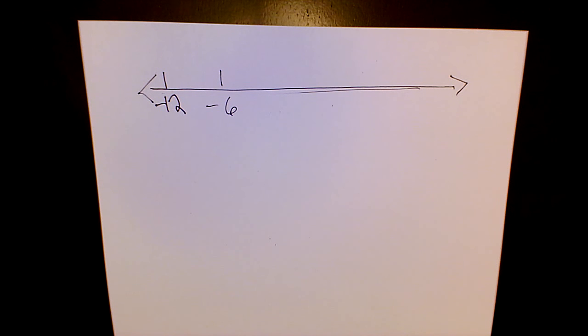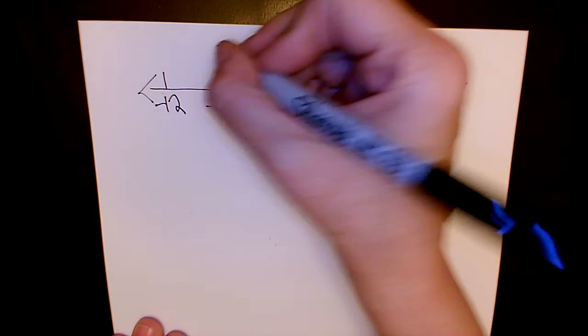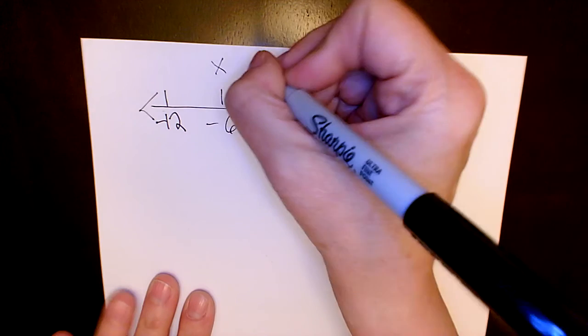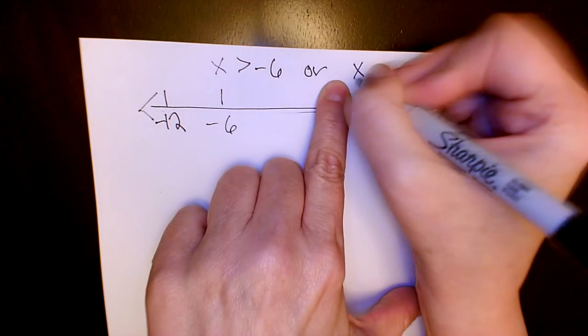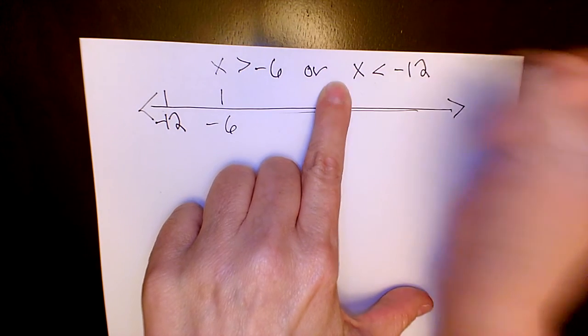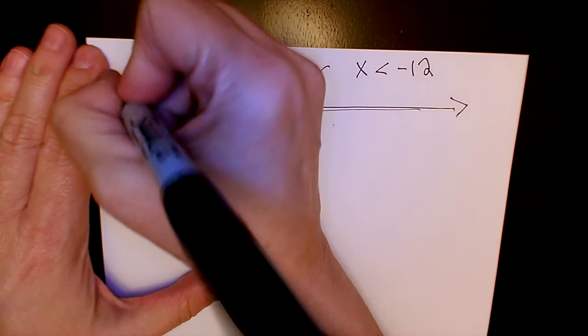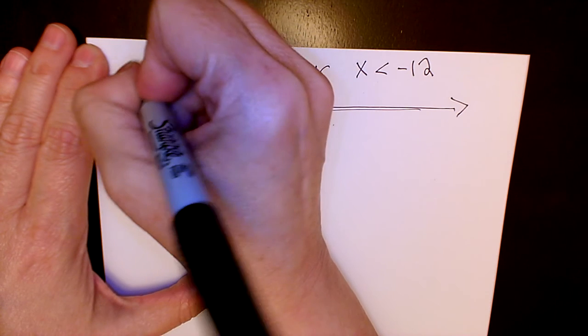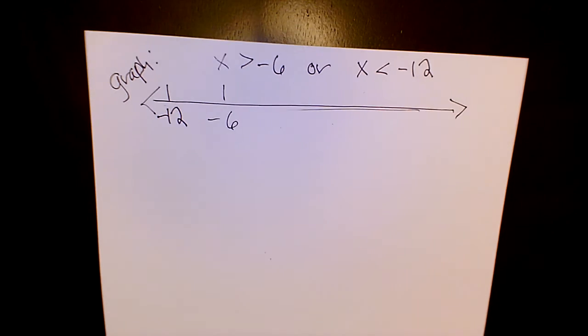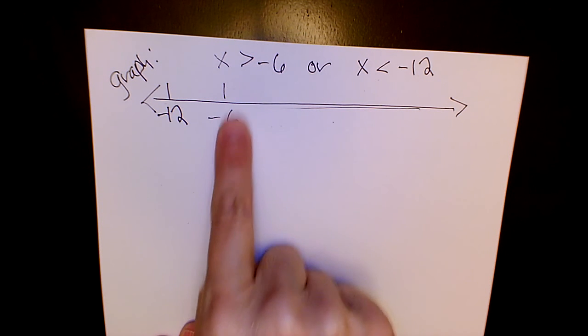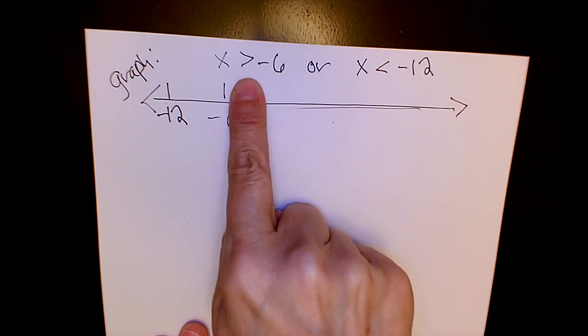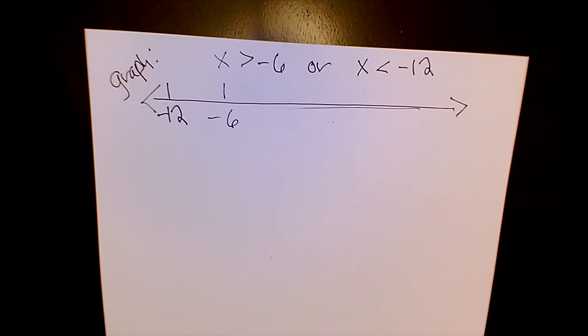So x is greater than -6, I'll put that up here for you. x is greater than -6 or x is less than -12. This is what I want to graph. Okay, and I'm always going to graph on a number line. So what am I going to put on the -6? It just has a simple greater than. It doesn't have a greater than or equal to.